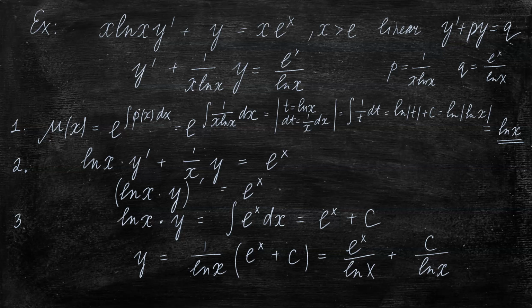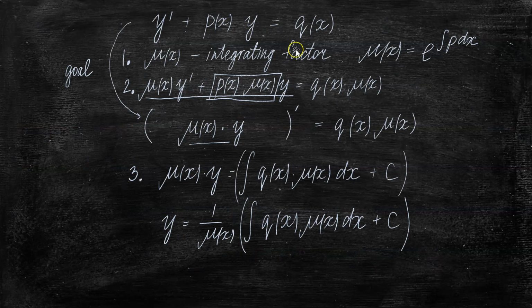So this is how we solve first order linear differential equations. Again, step 1, we find the integrating factor. Step 2, we multiply by the integrating factor and rewrite the left hand side as the derivative of the product of the integrating factor and the unknown function. And in step 3, we integrate the right hand side and isolate the y.